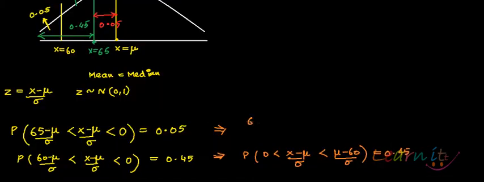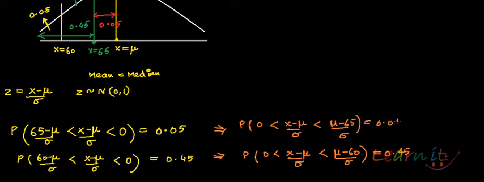So for 65 minus mu upon standard deviation, whether you write 65 minus mu upon standard deviation or mu minus 65 upon standard deviation, that would mean the same. So P(0 less than z less than mu minus 65 upon standard deviation) is equal to 0.05.